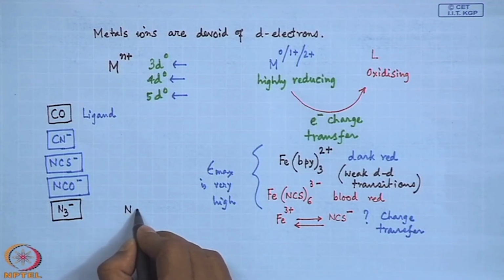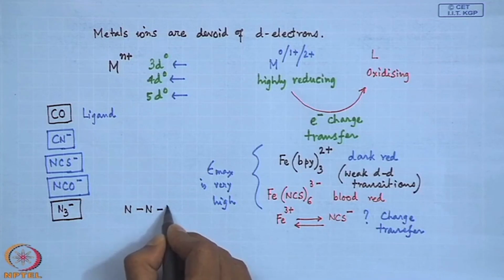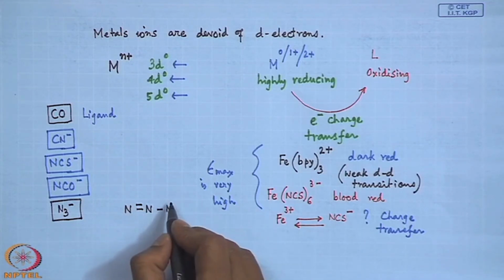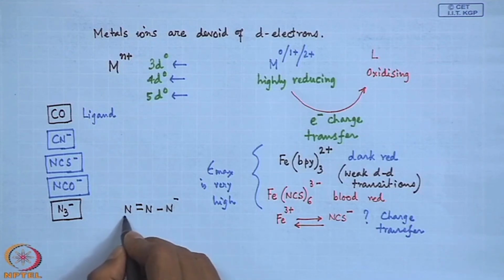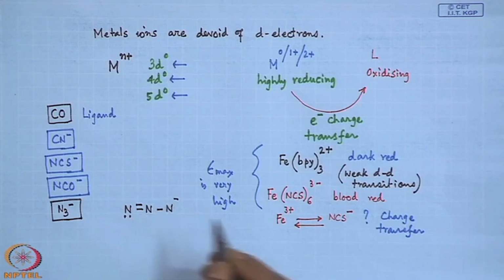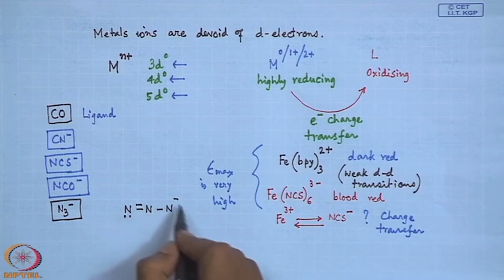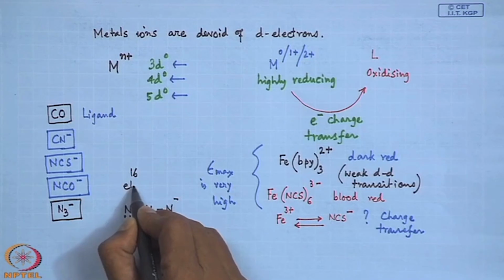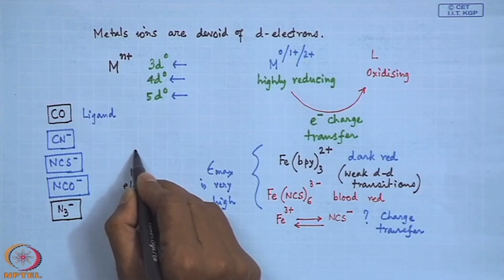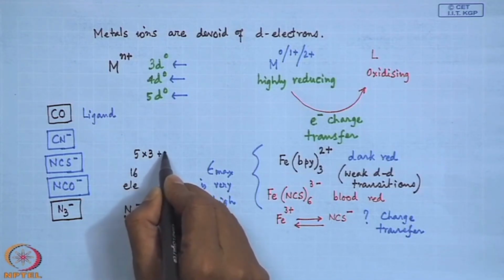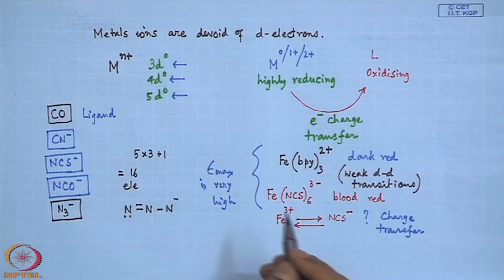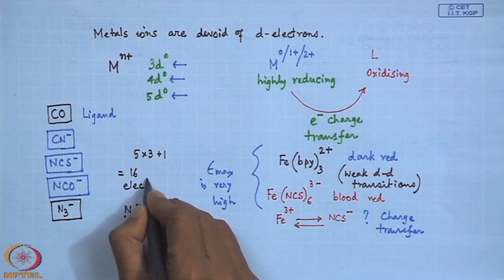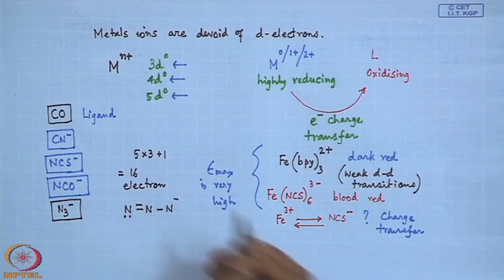In the case of the azide ion, we can have the corresponding charge on it and the number of lone pairs of electrons in it, because it is a 16 electron system: 5 nitrogen electrons times 3, plus 1 for the charge.